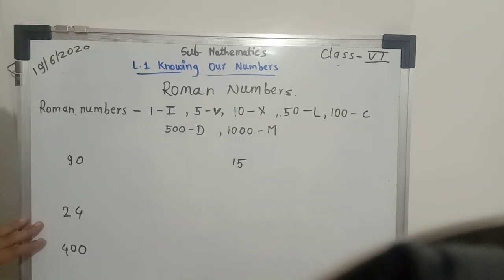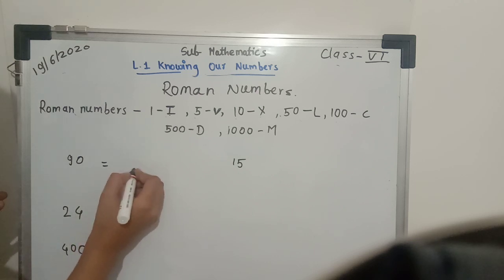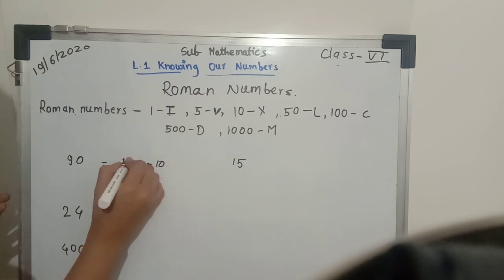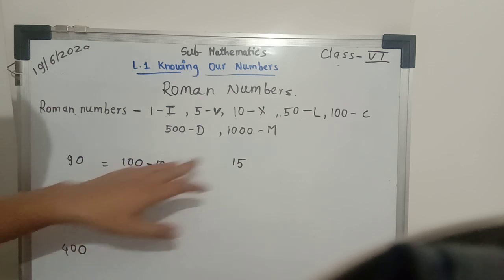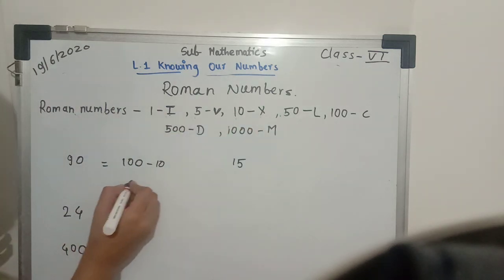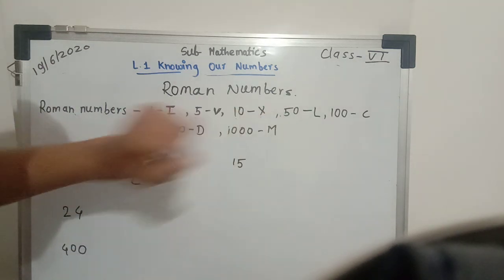Now these are the Hindu Arabic numbers. Let's find out how to form the Roman numbers for these numbers. Now here 90 is there. So what we have to do is subtract the 10 from the 100. Okay. What is the Roman number for 100? That is C. Okay. And what is the Roman number for 10?